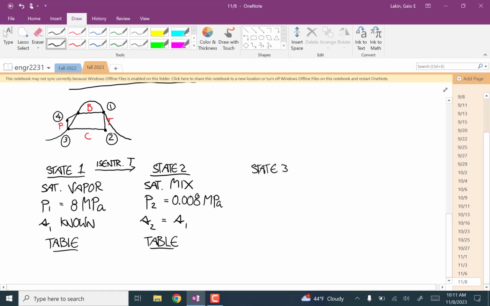Now state 3. What's happening from 2 to 3? This is an isobaric condenser. This is a saturated liquid.